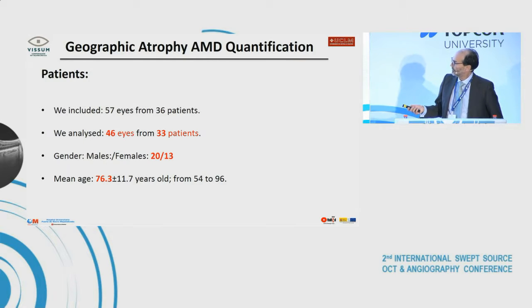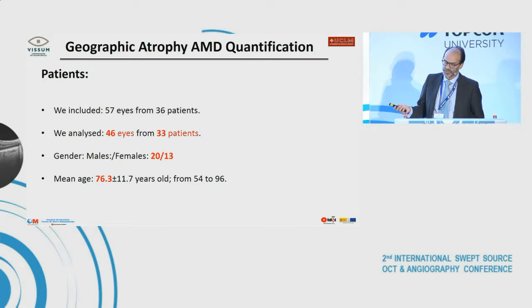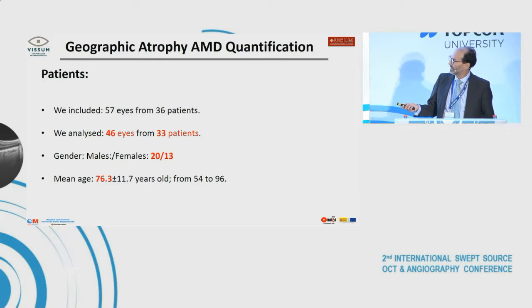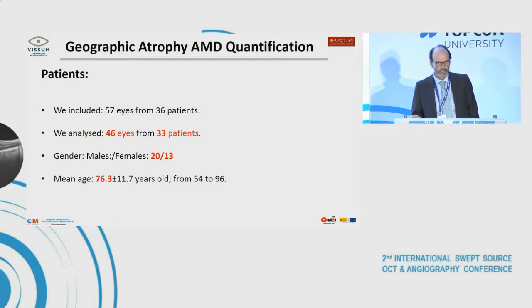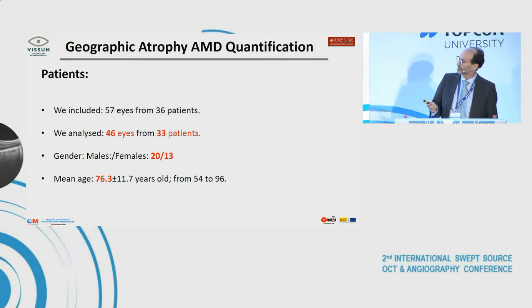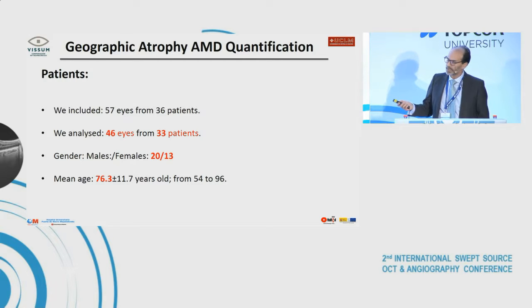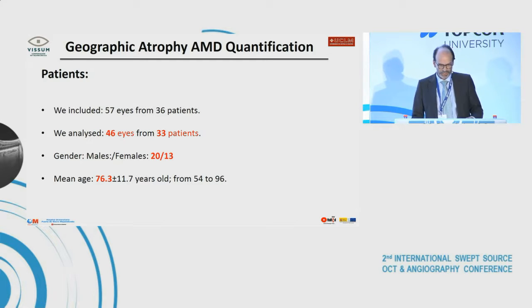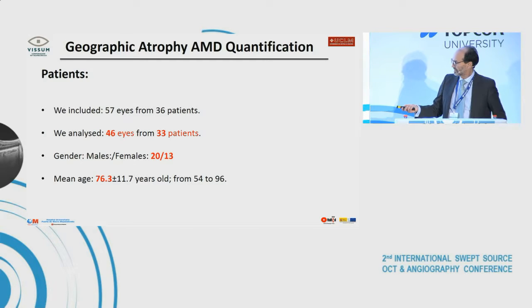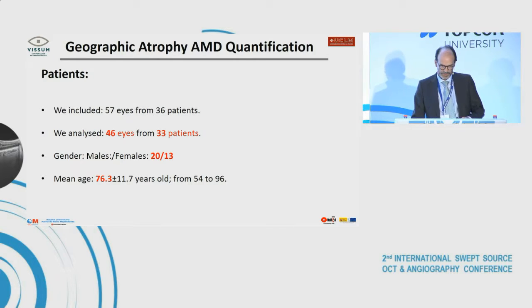We included 57 eyes from 36 patients, and we analyzed 46 eyes from 32 patients, due to bad quality images and poor fixation. In 9 cases, the quality was not enough to do a good study of the lesions. Gender was 20 males versus 13 females, and mean age of our series was 66 years, from 54 to 96.